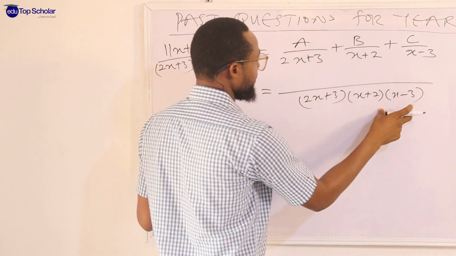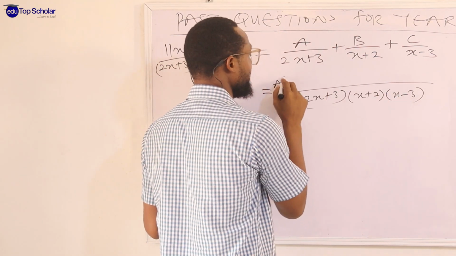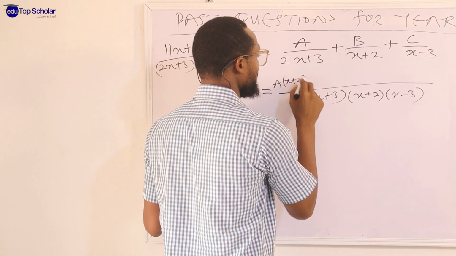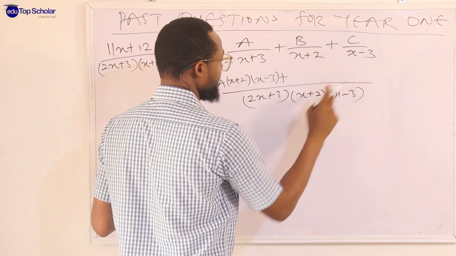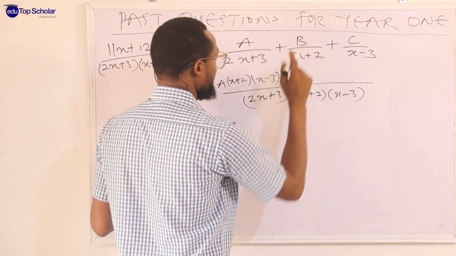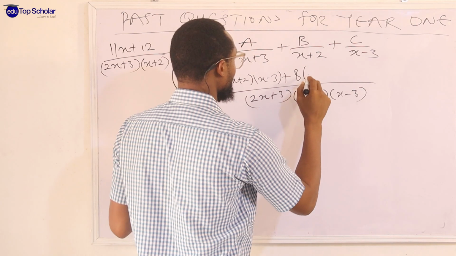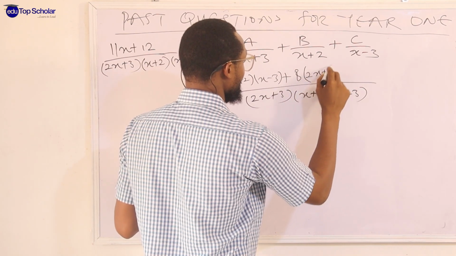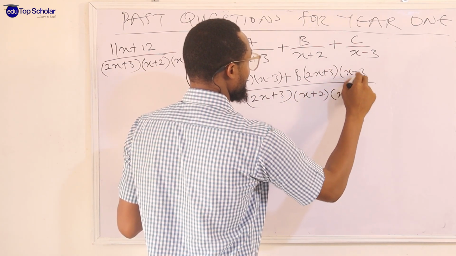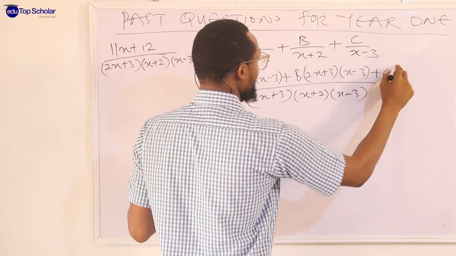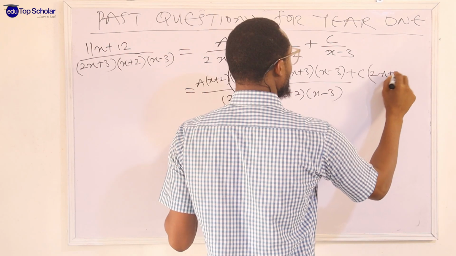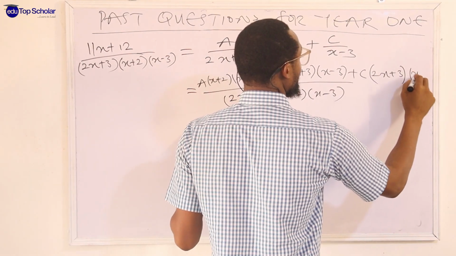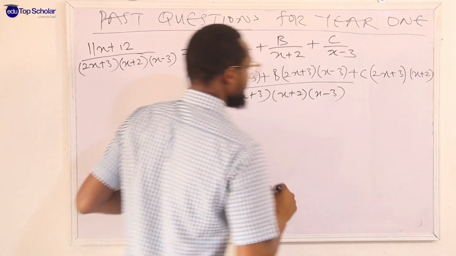This one here, we are left with these two. Multiplied by a, we have a into x plus 2, x minus 3, plus this one here, we are left with these two, multiplied by b, that will be b into 2x plus 3, x minus 3, plus c into the last two also, we have 2x plus 3, x plus 2.